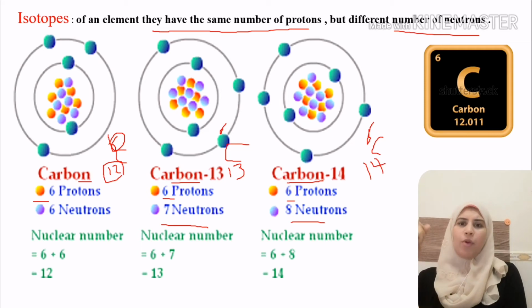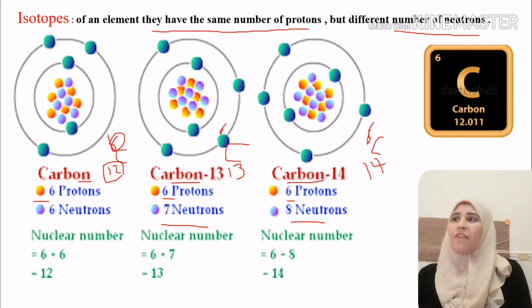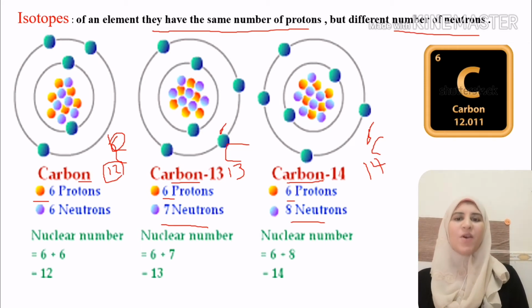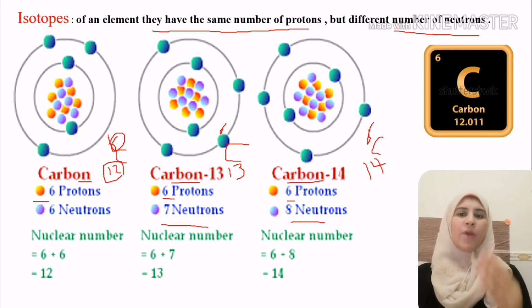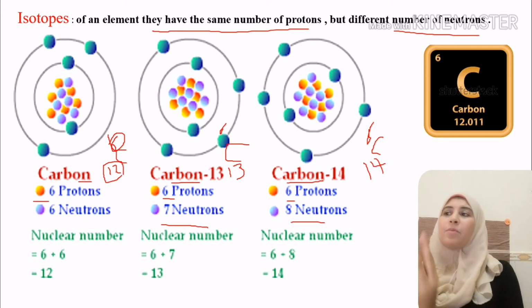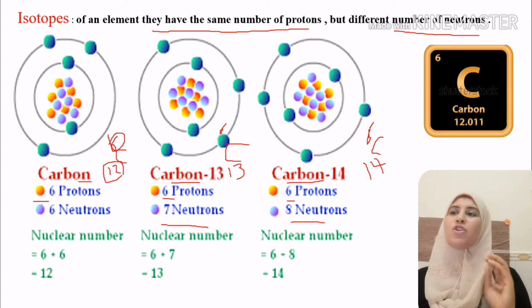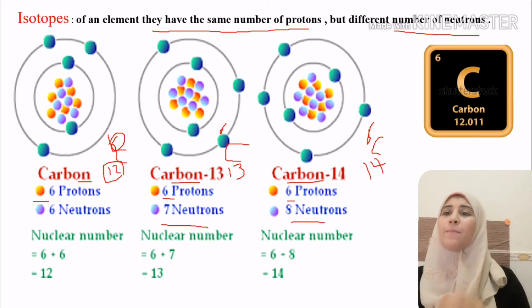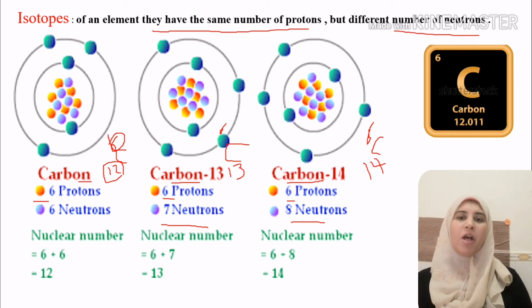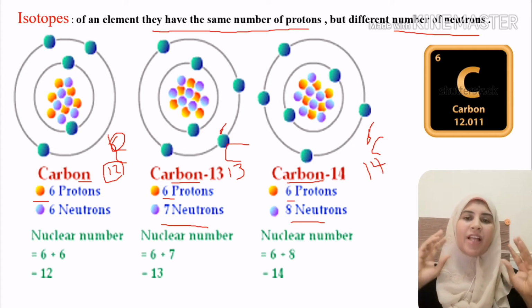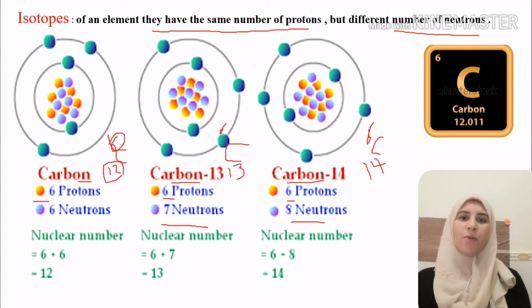In the periodic table, we have only one shape. We have only one element, because it is the average. It is the average mass of the three shapes of carbon, of the three different isotopes of carbon.